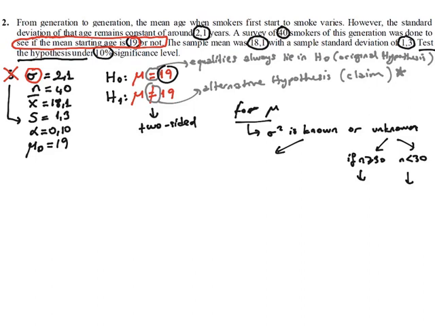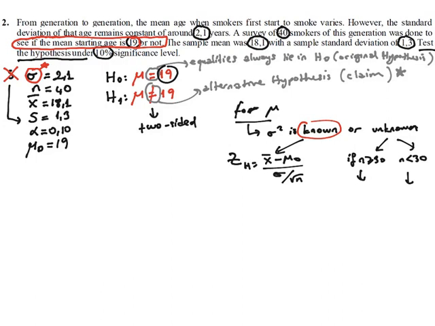So what is the case in this question? The first question is whether sigma square is known or unknown. As you can see in here, it is known. So we have the test statistic. The test statistic is ZH equal to x bar minus mu 0 over sigma over square root of n.